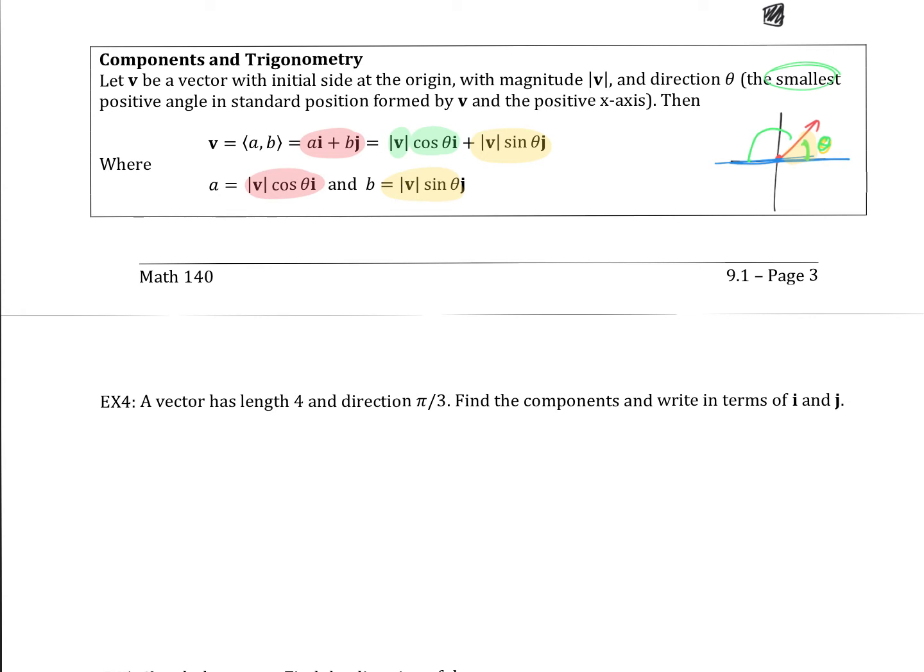So example 4, a vector has length 4 and a direction of pi over 3. Find the components and write in terms of i and j. Well, we are given pi over 3, so we're going to focus on using this formula.